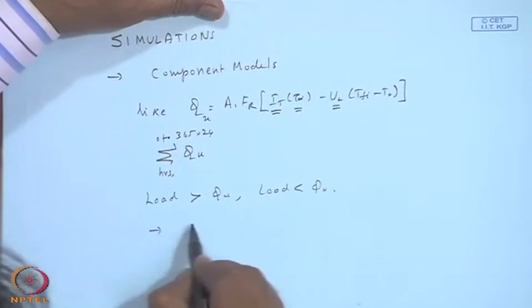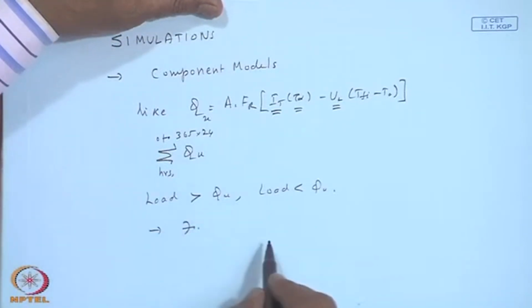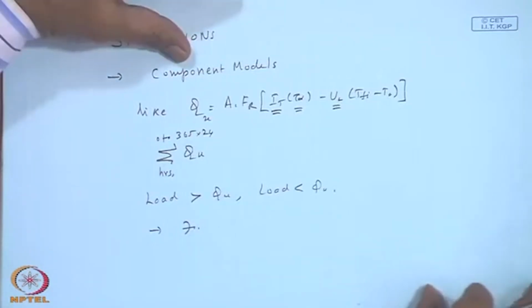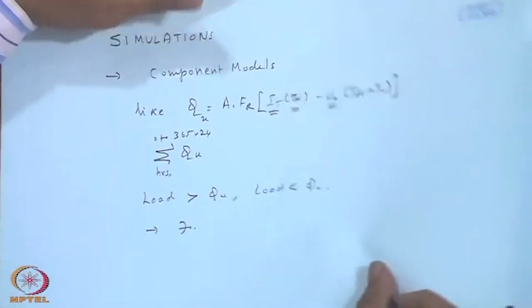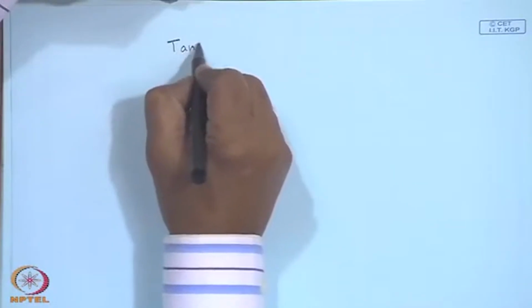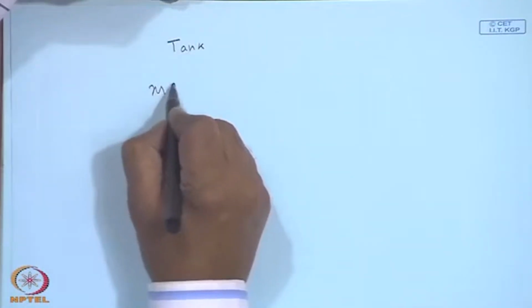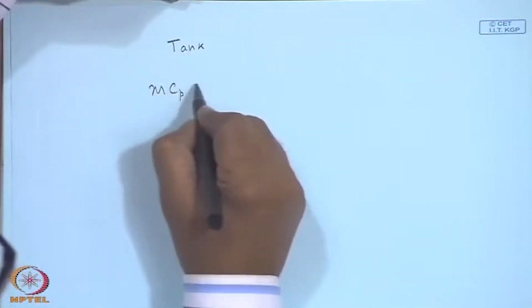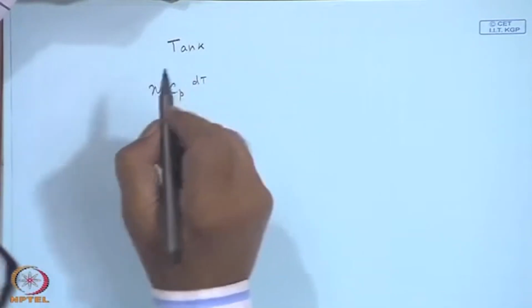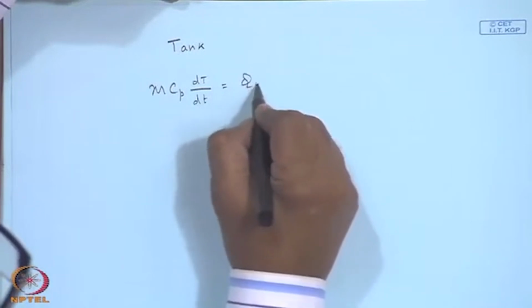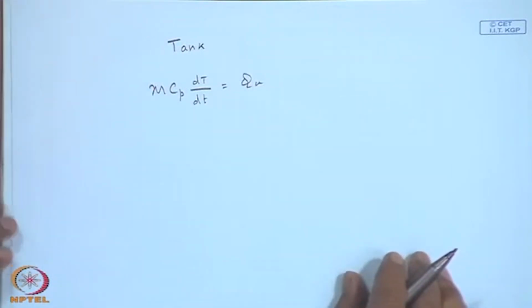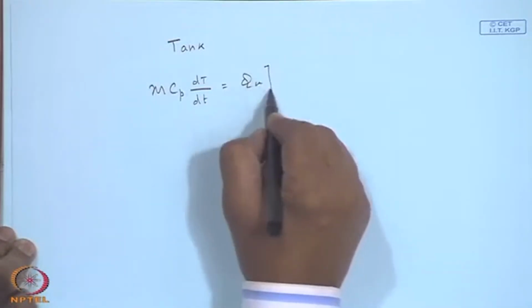Then finally, compute this F. Then I may have to add other component models, like for example, a storage tank. If m is the mass of the water in the storage tank, not the mass flow rate, it is the mass, the rate of increase of energy inside the tank should be equal to Q U, whatever is given by the collector.